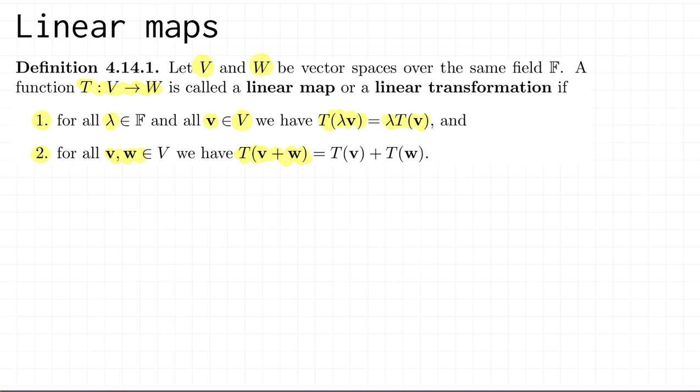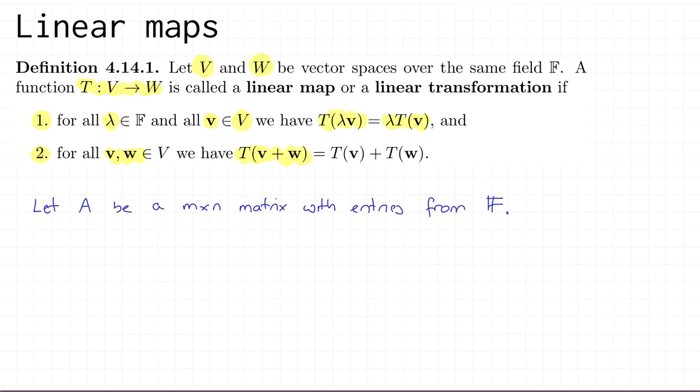The simplest, or perhaps the most common, is that matrix multiplication gives you a linear map. What I mean by that is, let's take A to be an m by n matrix with entries from a field F. Perhaps F is the complex numbers, perhaps it's the real numbers, but it can be any field.